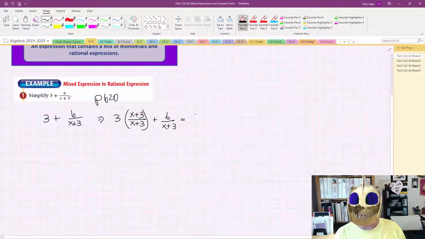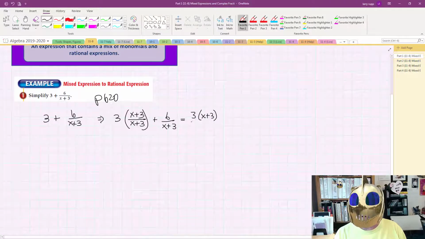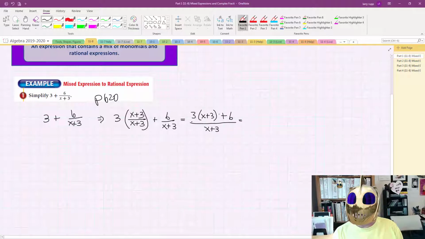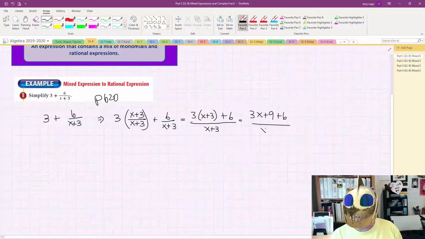So this becomes 3 times x plus 3, plus 6, all over a common denominator of x plus 3. So we have 3x plus 9 plus 6 all over x plus 3, which is 3x plus 15 all over x plus 3.